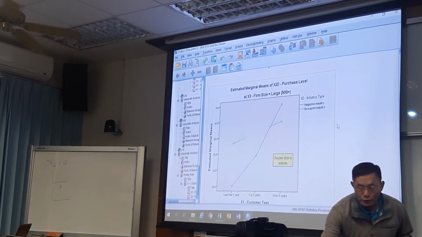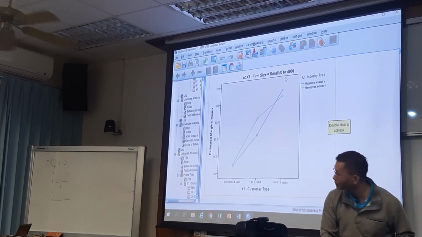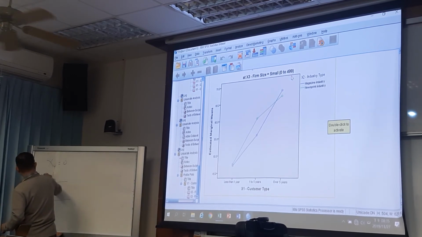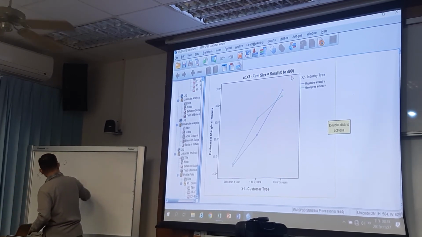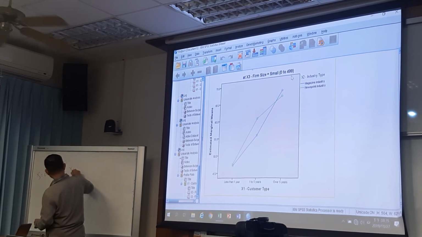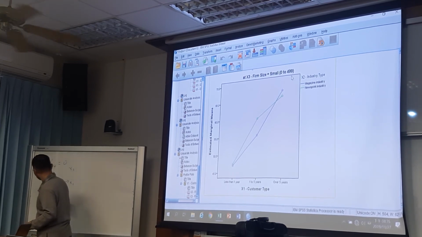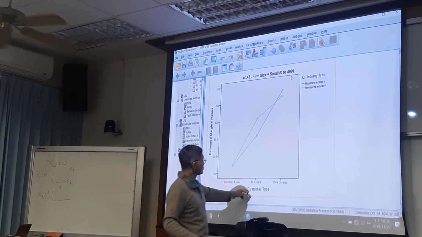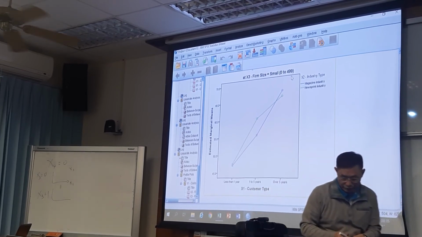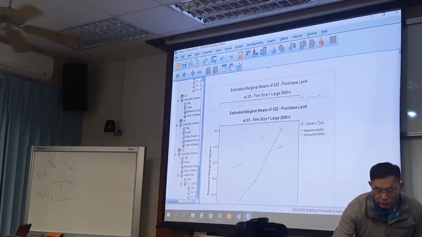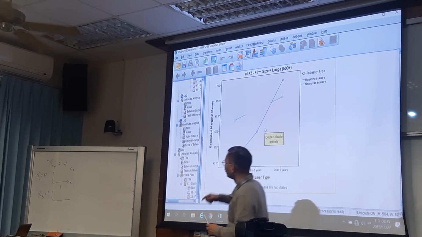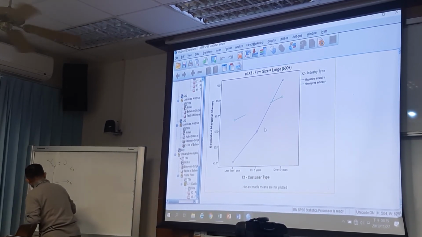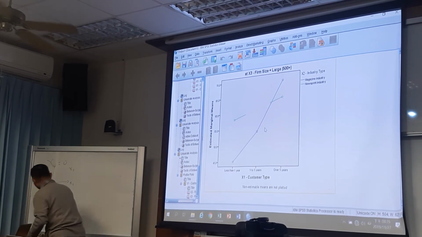This one is x1, x3 equals 0. And this is x1, the line is x2. Okay? The other product: this is x1, this is x2. How about x4 equals 1? You have another two products. So in total you have.